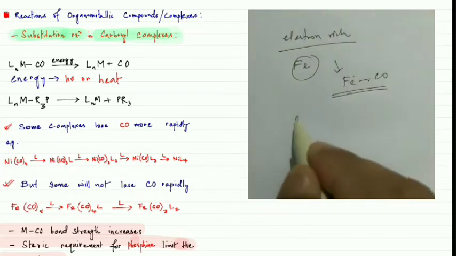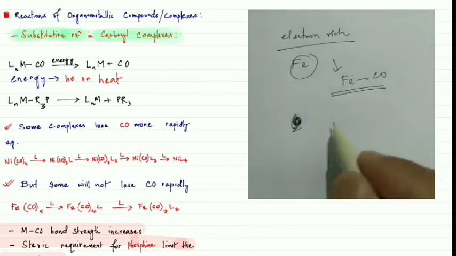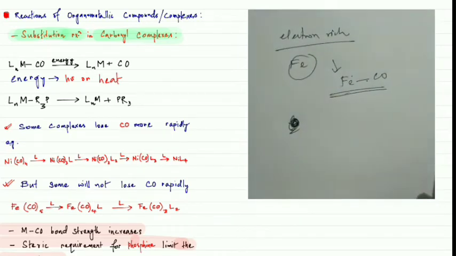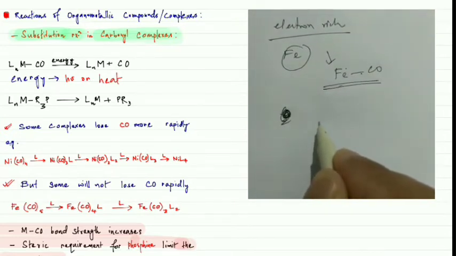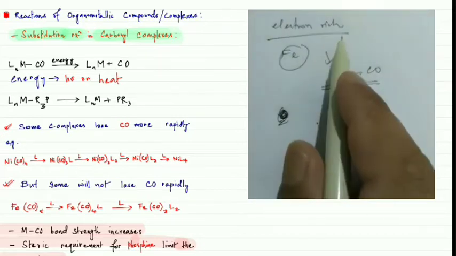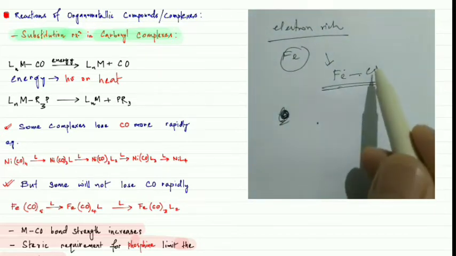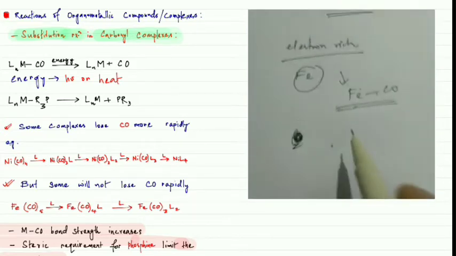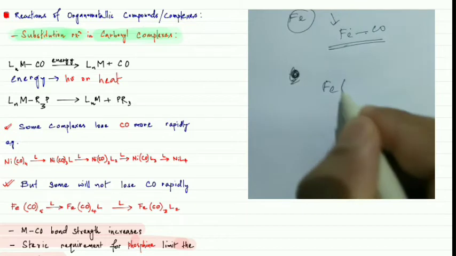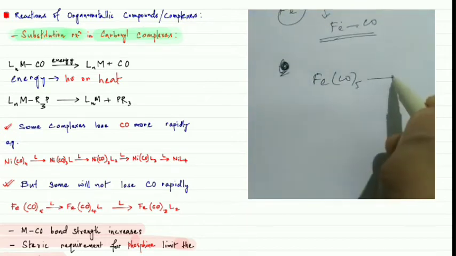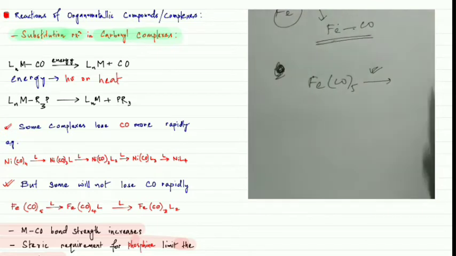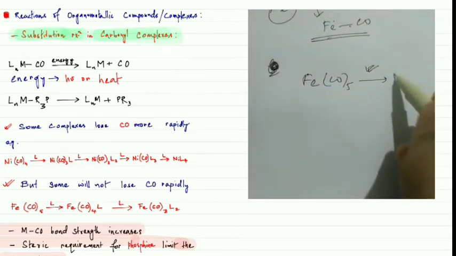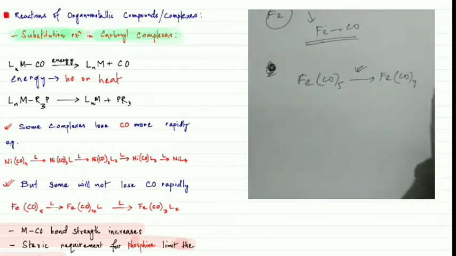Let us discuss in detail. Let me explain it again, so listen carefully. When we remove some ligands, the first ligand, that means carbonyl, let's suppose this is your iron pentacarbonyl. When we apply some heat or some energy, it may be heat or it may be h nu, that means radiation, then what is going to happen? Fe(CO)4 is going to form.